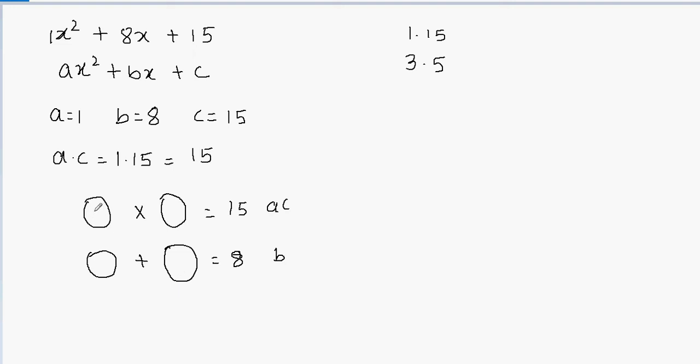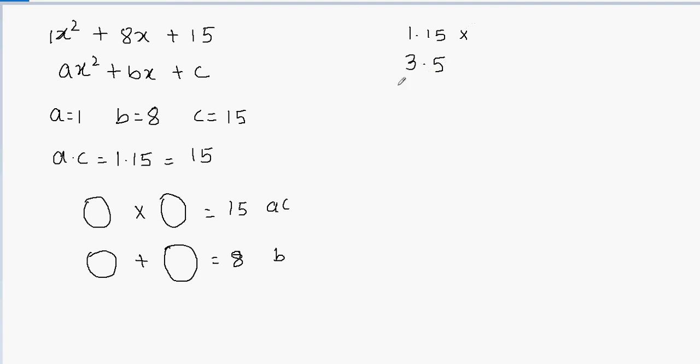So suppose if you write 1 here, this should be 1. If you write 15 here, then this is going to be 15. So now here, if I say that 1 and 15 could be the factors, 1 times 15 is equal to 15, but 1 plus 15 is not equal to 8. That means 1 and 15 is not going to work out.